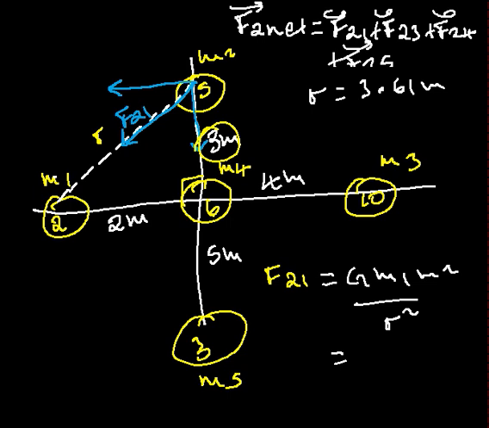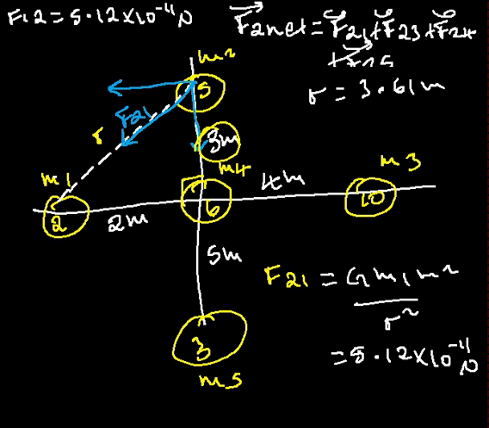And from there, we divide by the separation distance squared. That gives F12, which is 5.12 times 10 to the power negative 11 newtons. Let me keep it here. That is F12, 5.12 times 10 to the power negative 11 newtons. So have it as that.